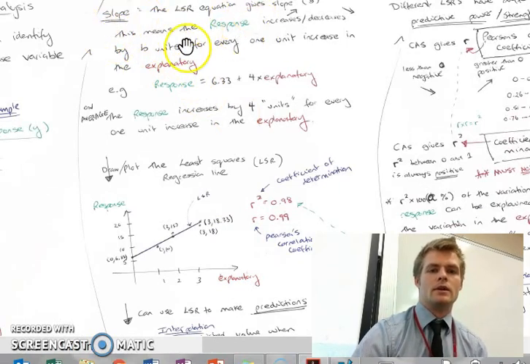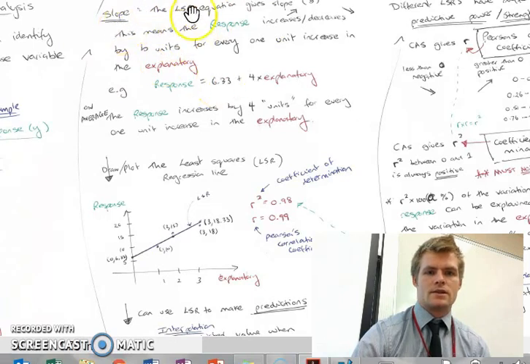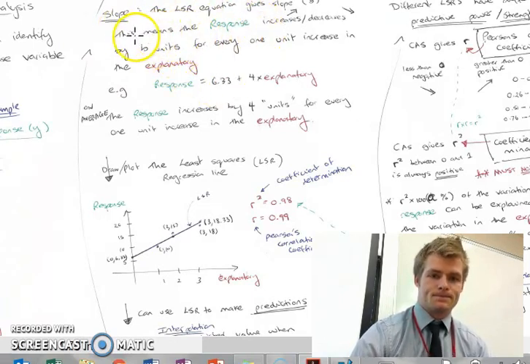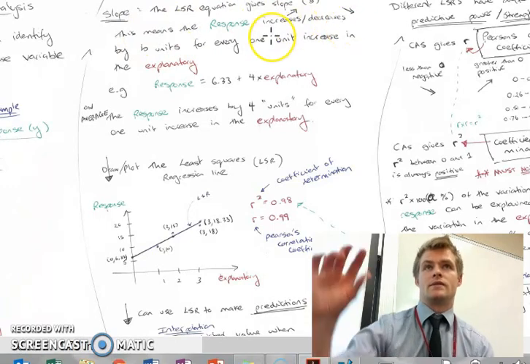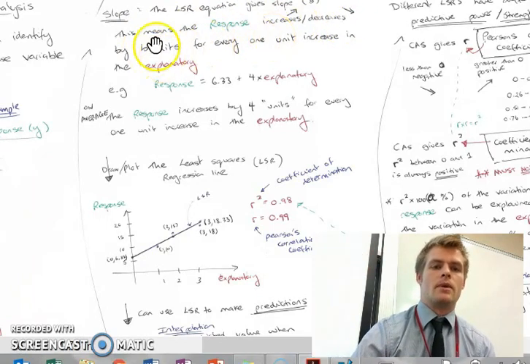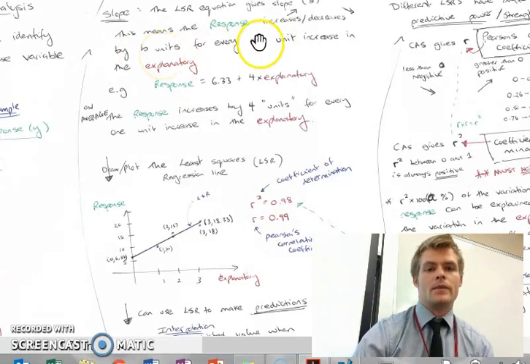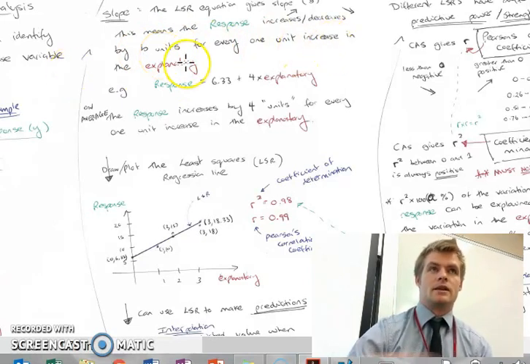The slope, the way that you write it out is you say, on average, the response variable increases or decreases, depending if it's positive or negative, by whatever the slope value is, for every 1 unit increase in the explanatory.